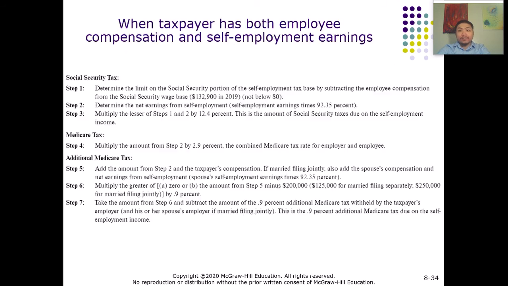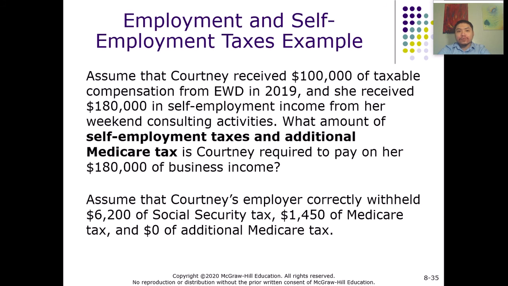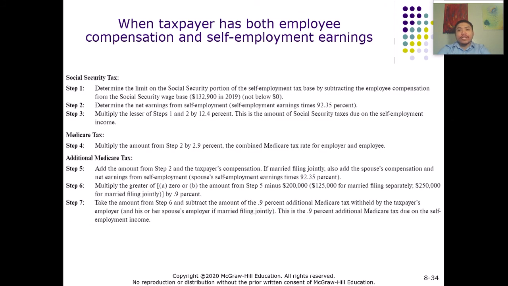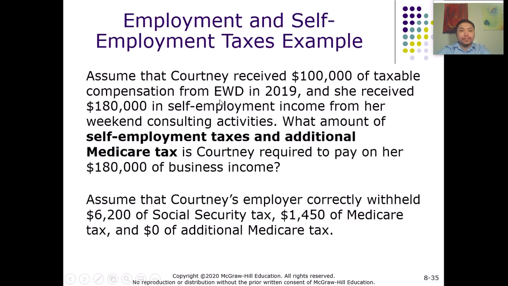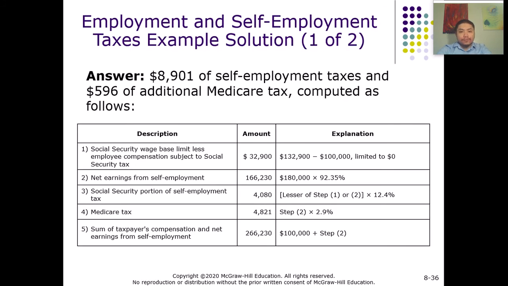We just need to apply this procedure, these 7 steps. First, we have to determine the new tax base for the Social Security tax. We take the employee compensation out of the $132,900 base limit.